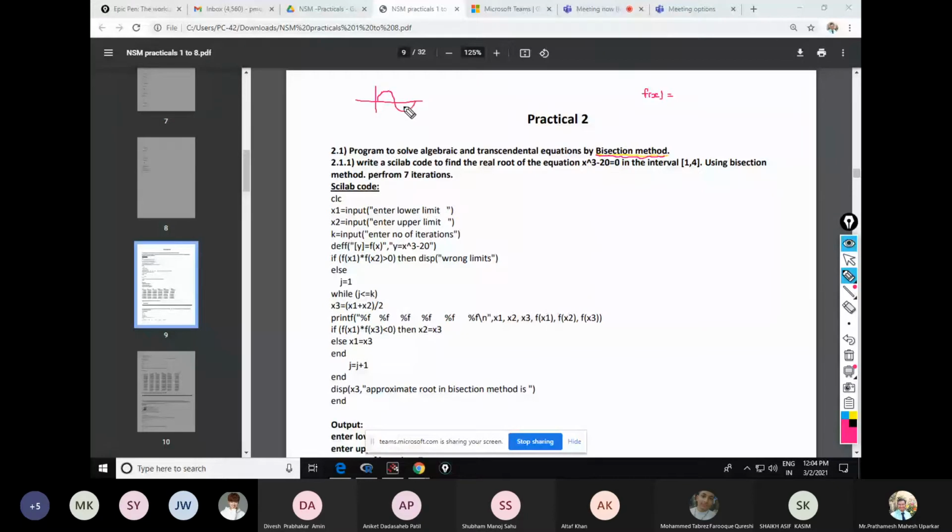See, is this a graph of a continuous function? I will graph another function.